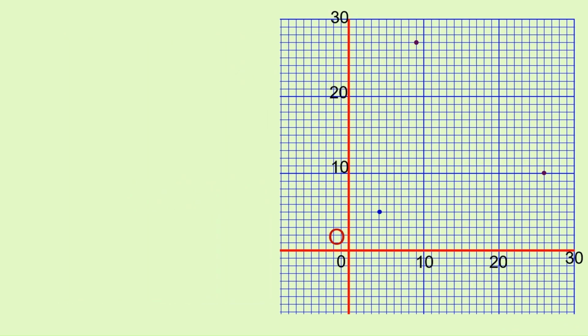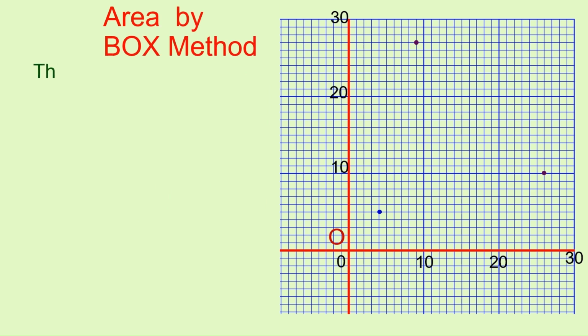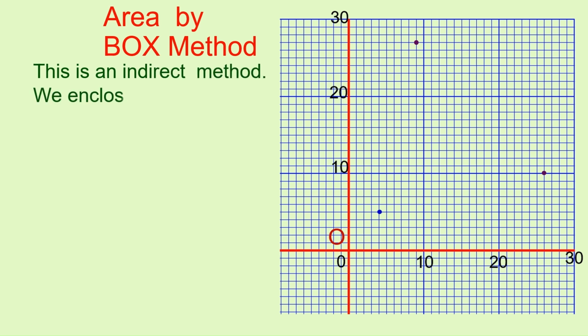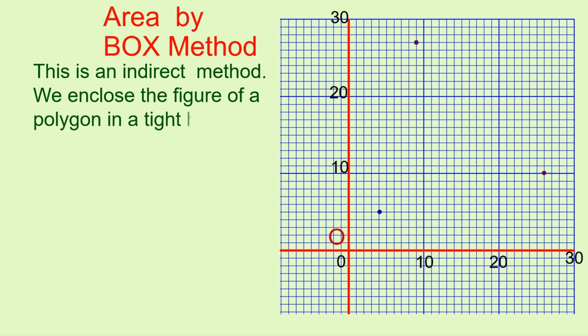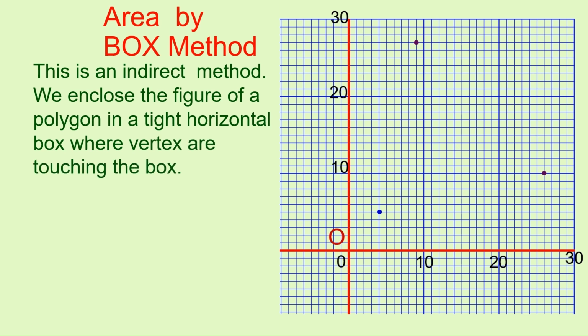Area by box method. This is an indirect method. We enclose the figure of a polygon in a tight horizontal box where vertices are touching the box.